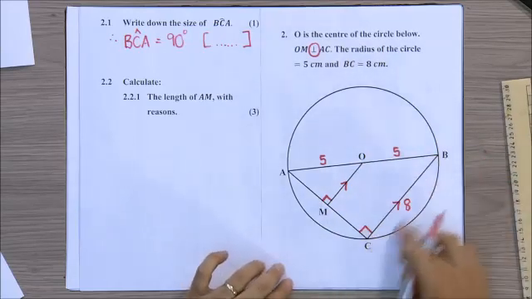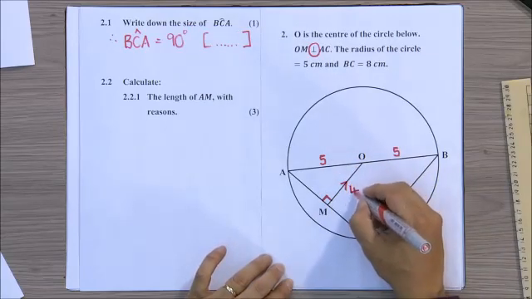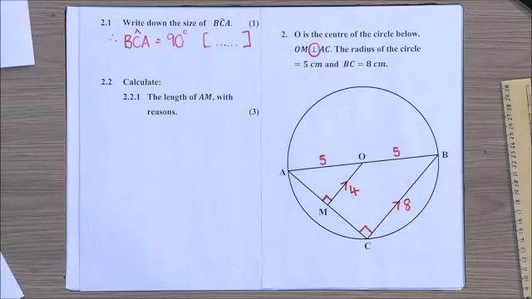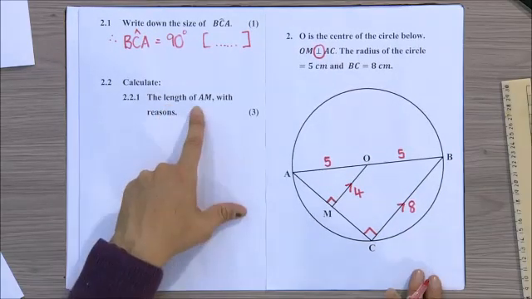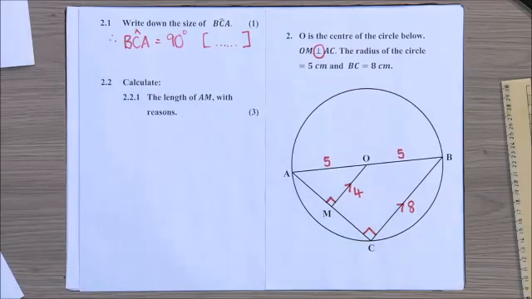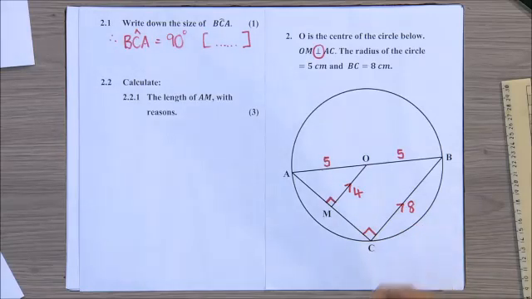So if BC is 8, we can immediately say OM is equal to 4. Now they ask, calculate the length of AM with reasons. And by doing that, you can immediately see I've got my answer.